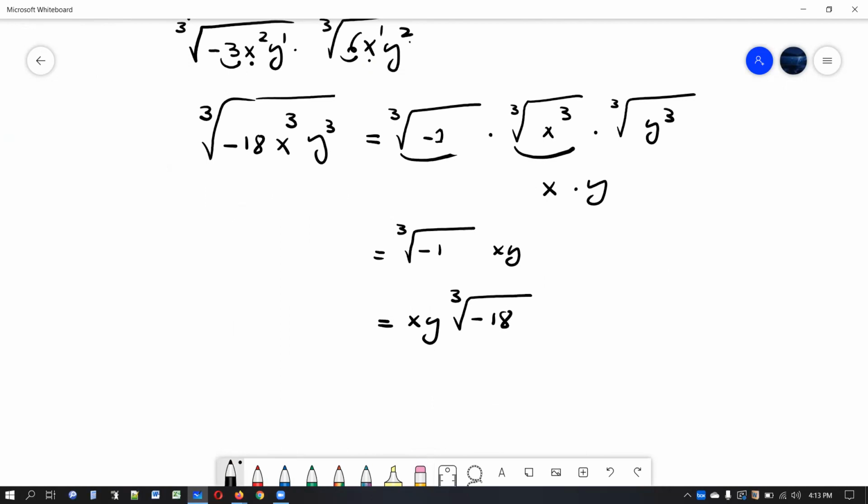But if this was a 16, okay, then it would be negative 8 times 2. This is negative 2, and this is cubic root of 2.